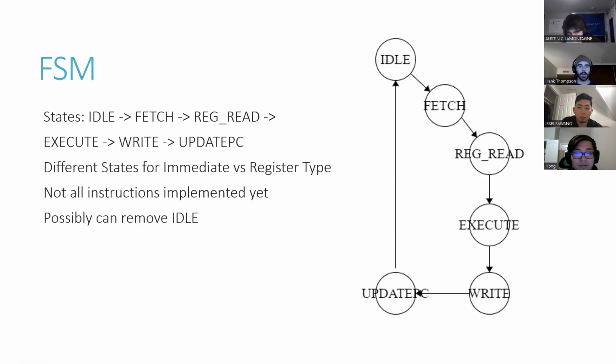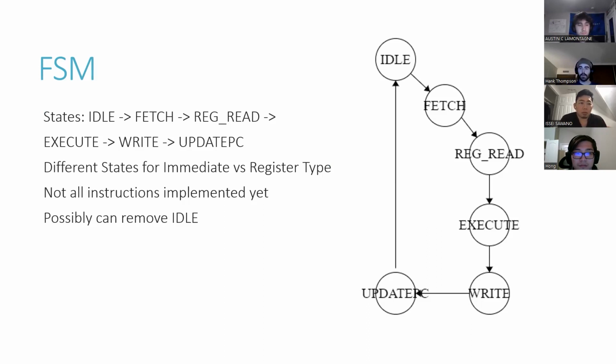All right, so going a little bit deeper into the FSM, these are all the states that we have for our FSM. We go from idle to fetch, reg read, execute, write, update program counter, and then back to idle, or as we can talk about in a second, we may or may not need to go back to idle each time.